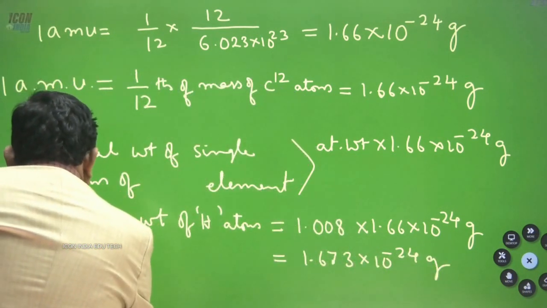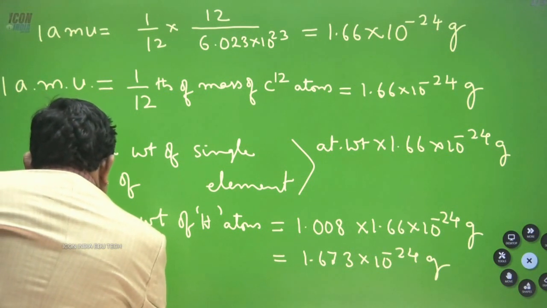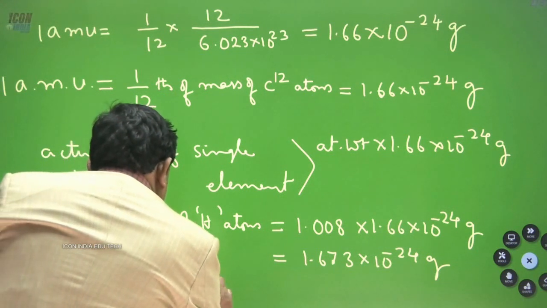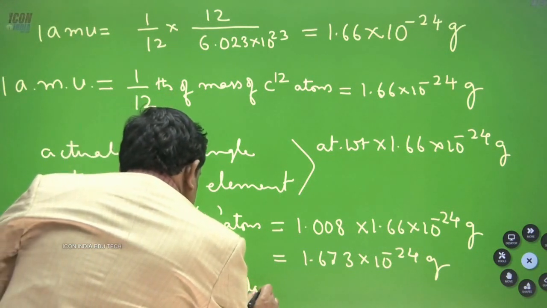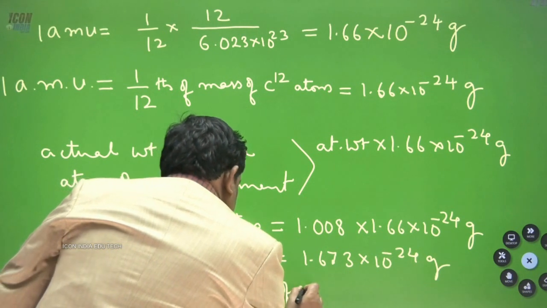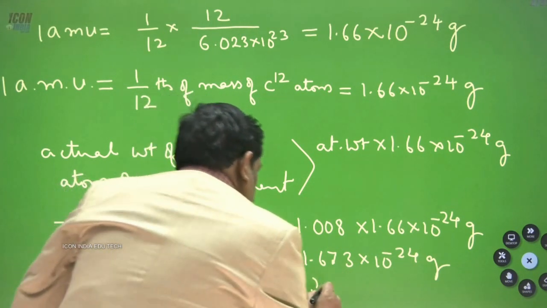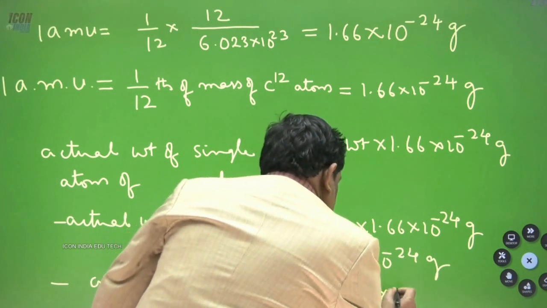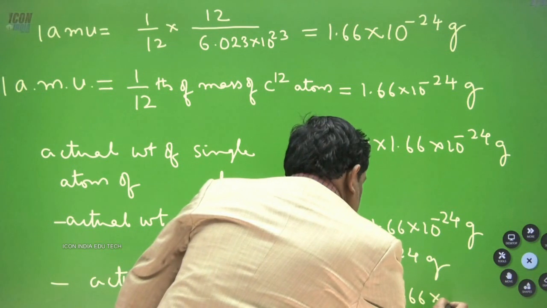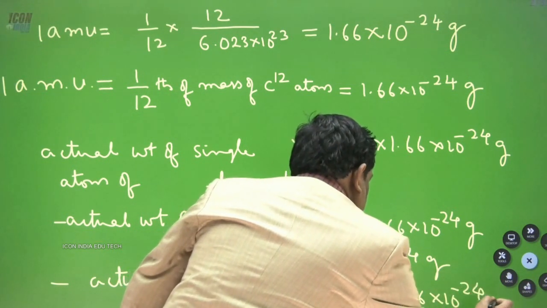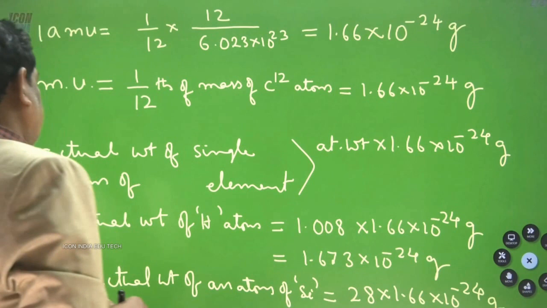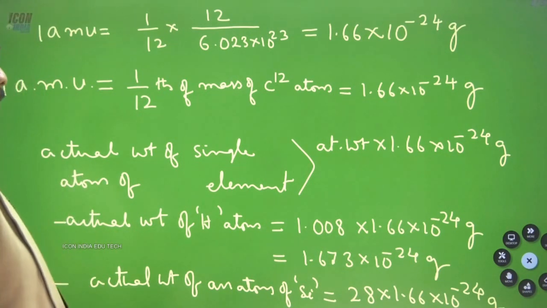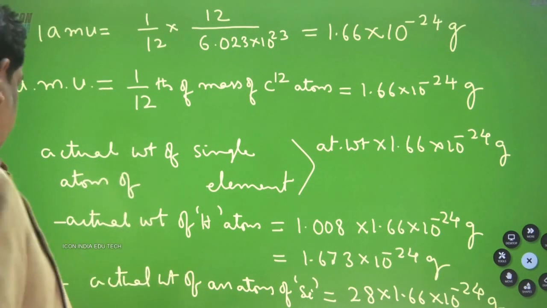Actual weight of an atom of silicon is atomic weight in AMU, 28, into 1.66 into 10 to the power of minus 24 gram. You can calculate the actual weight of a single atom in gram like this.